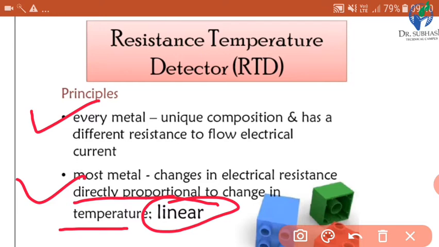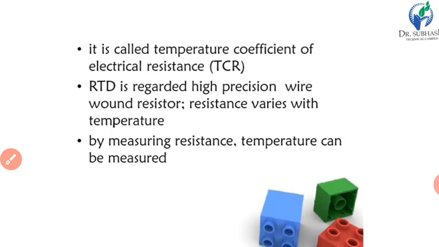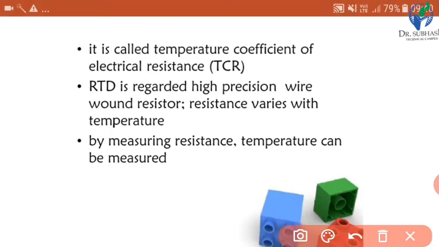This is the linear relationship for most metals. It is called the temperature coefficient of electrical resistance.